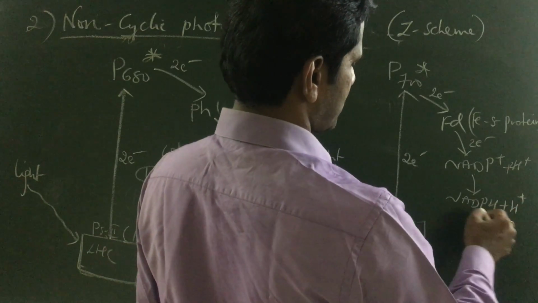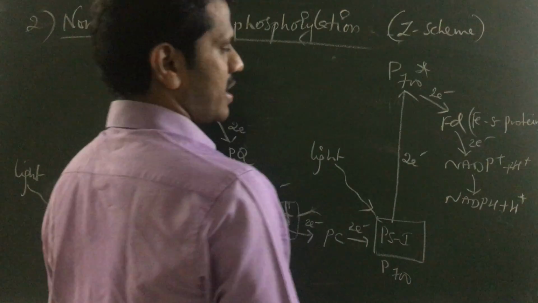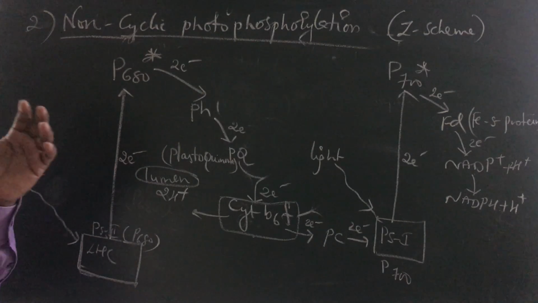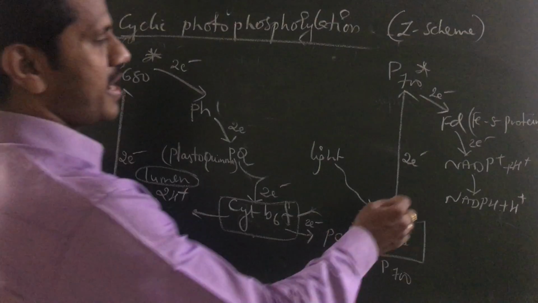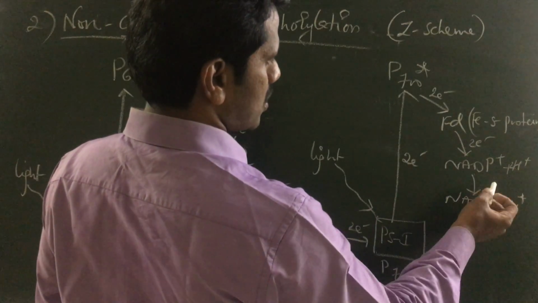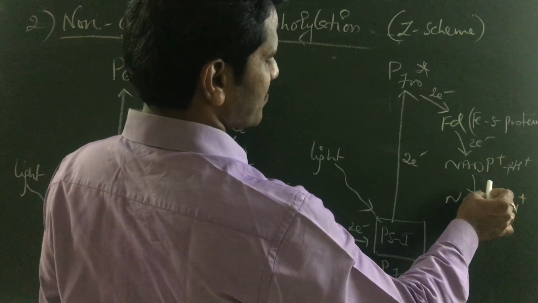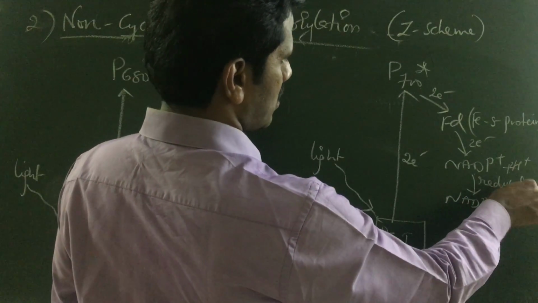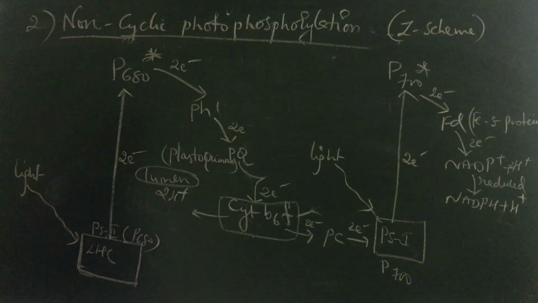You can write like this. So NADP plus is getting reduced, taking 2 electrons and 2 protons from the stroma, and then it gets reduced to NADPH and H plus.